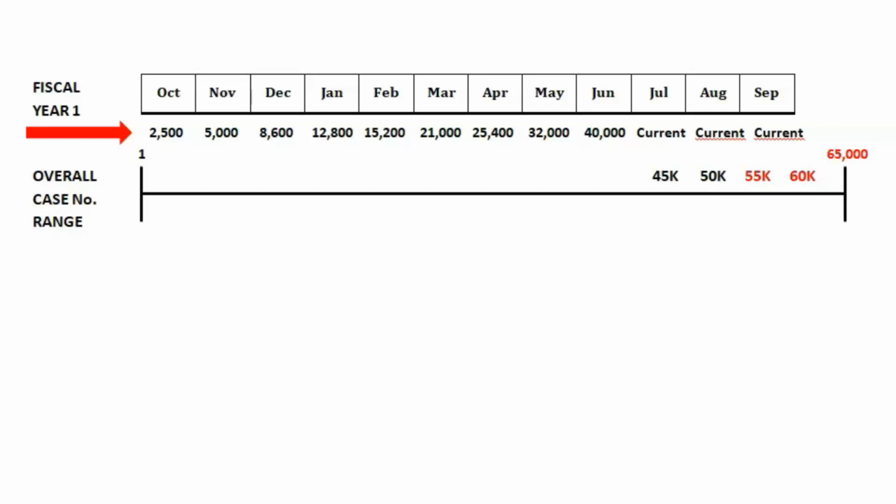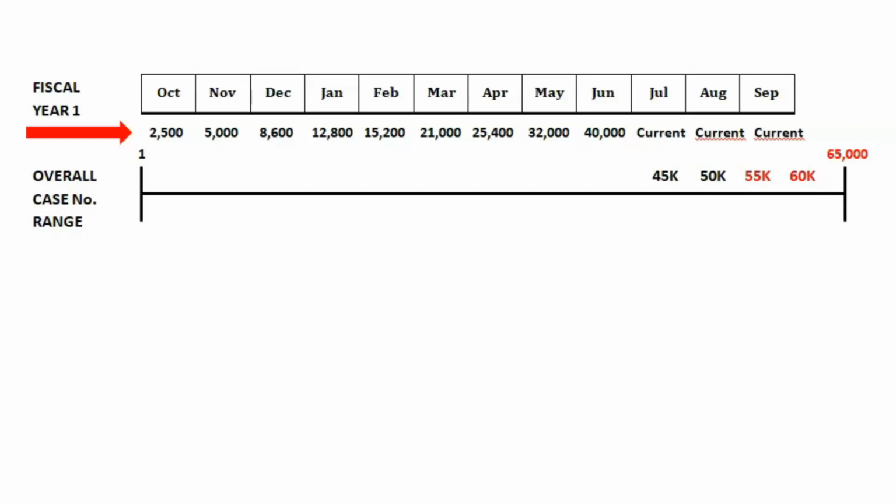For the month of January, 12,800, for example, and so on up to June, where the cutoff number could be 40,000, and then during the final quarter of that fiscal year, that region could go current. In this kind of situation, we will have a slower progression of the monthly visa bulletin cutoff numbers.